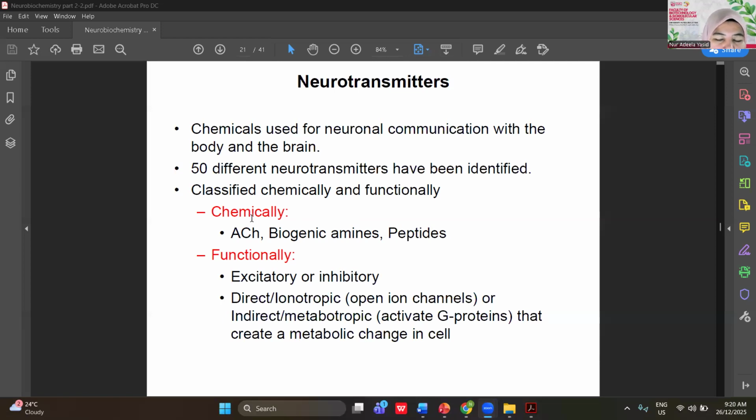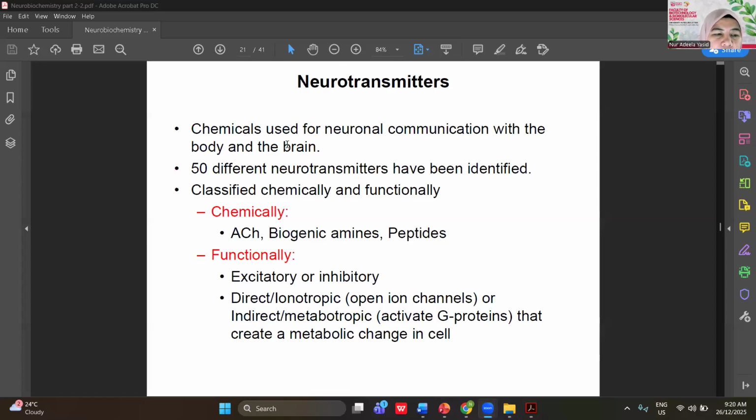Acetylcholine plays a key role in motor control, memory, and the autonomic nervous system. Biogenic amines include neurotransmitters like dopamine, serotonin, norepinephrine, and histamine, which are crucial for mood and other functions. Peptides, such as endorphins and substance P, are involved in pain modulation.